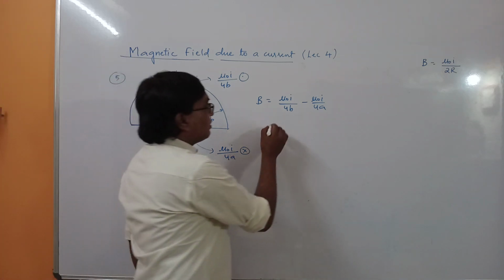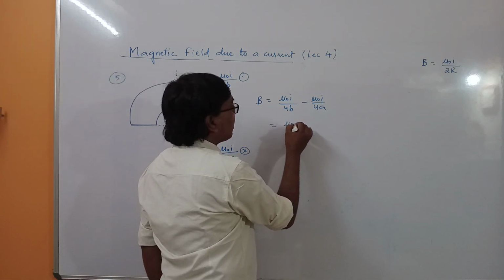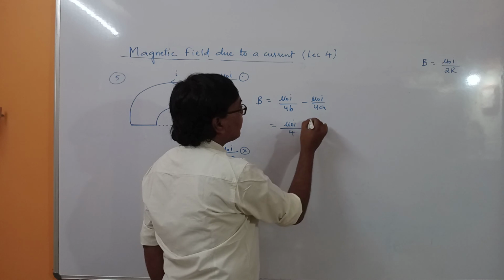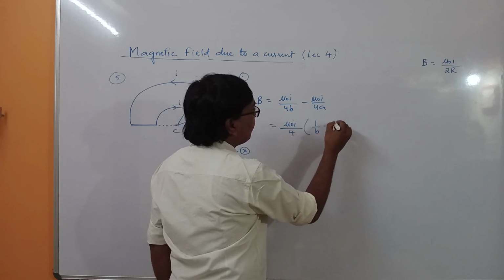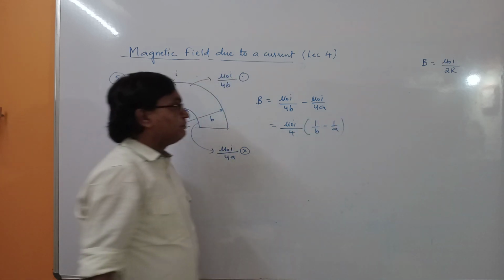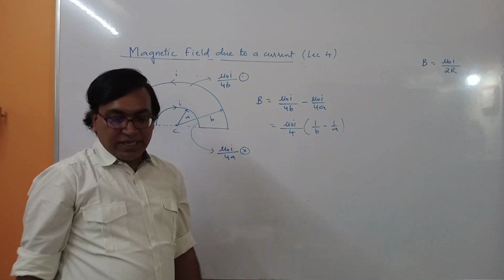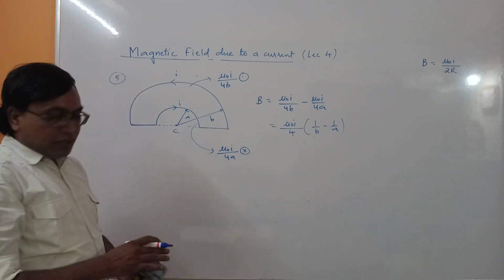Okay. So few things are common in both the terms, so that will be mu naught I by 4 into (1 by B minus 1 by A). Okay.